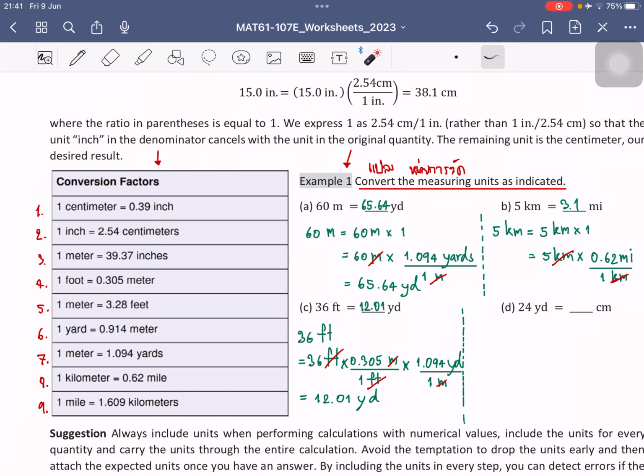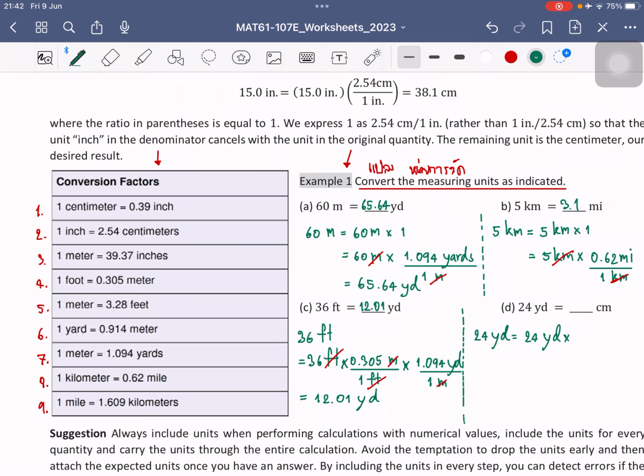And then the last one. You would like to change from yards to centimeter. So from yard to centimeter, is there any line that tells us about yard to centimeter? No, we don't have it directly, but maybe we can use line 6. How to use this? Look at me. 24 yards equal to 24 yards times, we want to change from yard to centimeter.